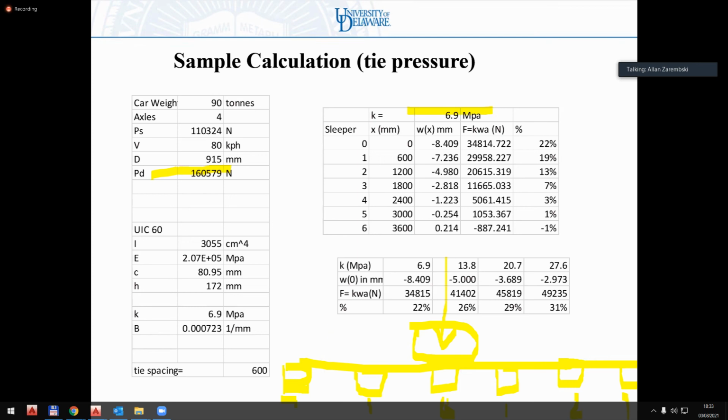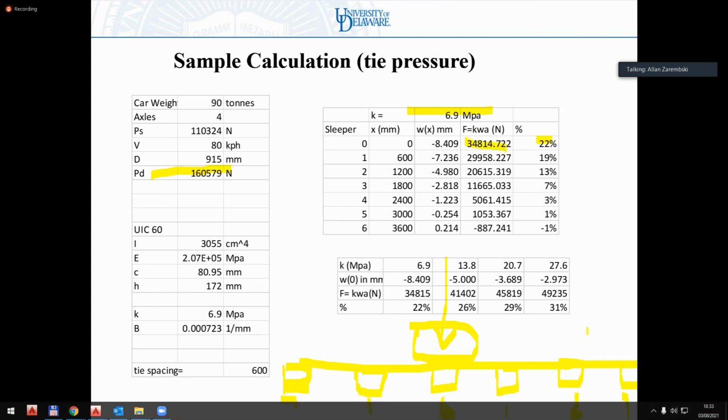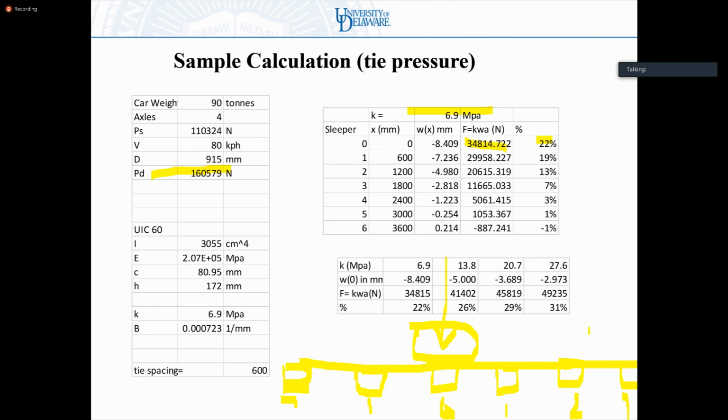If you had only one tie and no other sleepers to carry the load, you would run the risk of crushing the tie underneath the wheel, because the loads would be 3 to 4 times as great. So that's why I like to think in terms of percentage. Here you can calculate the load itself in newtons, and you can see what percentage of the load is carried. Any other questions?